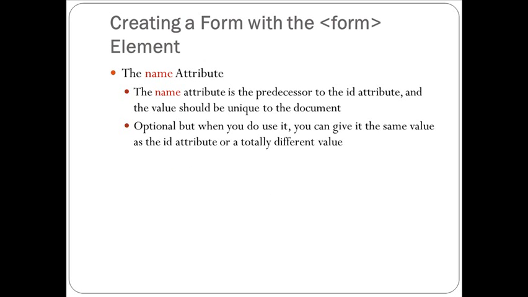The name attribute, as you should already know, is the predecessor to the ID attribute, and the value should be unique to the document, just like with the ID. It's actually optional for the form itself, but when you do use it, most people give it the same value as the ID attribute. Others give it a totally different name. So it can be the same or it can be different, but it's optional to start with.